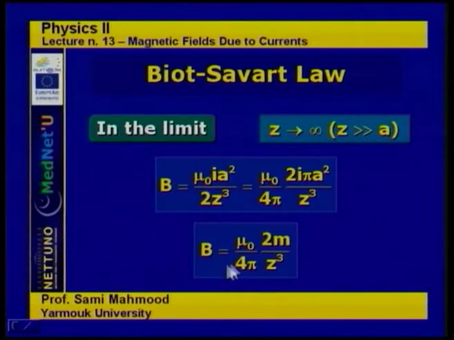This is just a modification of the form, and thus B is equal to mu naught over 4 pi times 2 times m over z cubed, where m is equal to the current I times the area of the loop. M is the magnetic dipole of the loop.